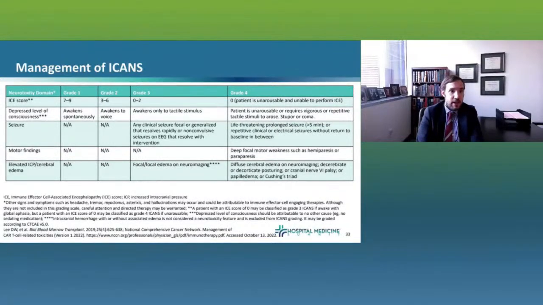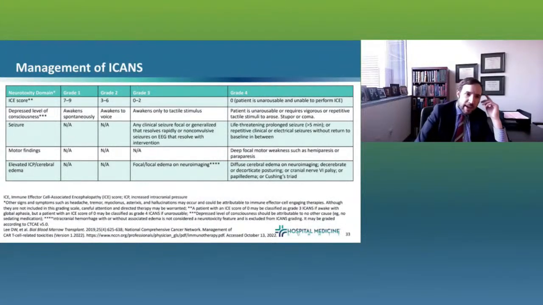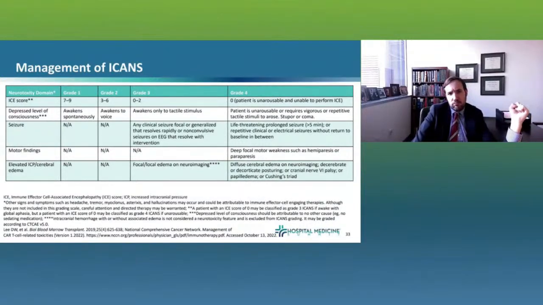So in the CAR-T app, the ICE score to assess for the immune effector cell-associated encephalopathy, you look at several different domains. You look at orientation, naming, are they following commands, writing ability, and attention, and you can get a score there. And that all plays a role when you combine that with the other clinical findings of consciousness, seizure, motor findings, elevated ICP.